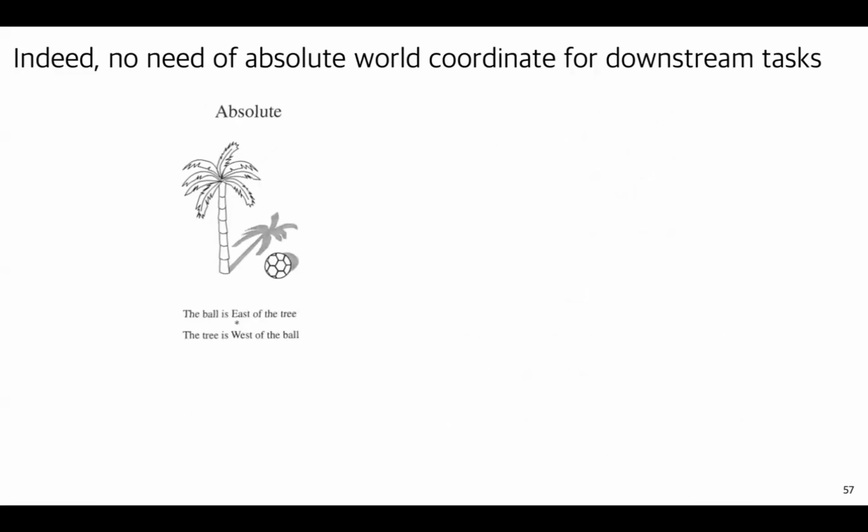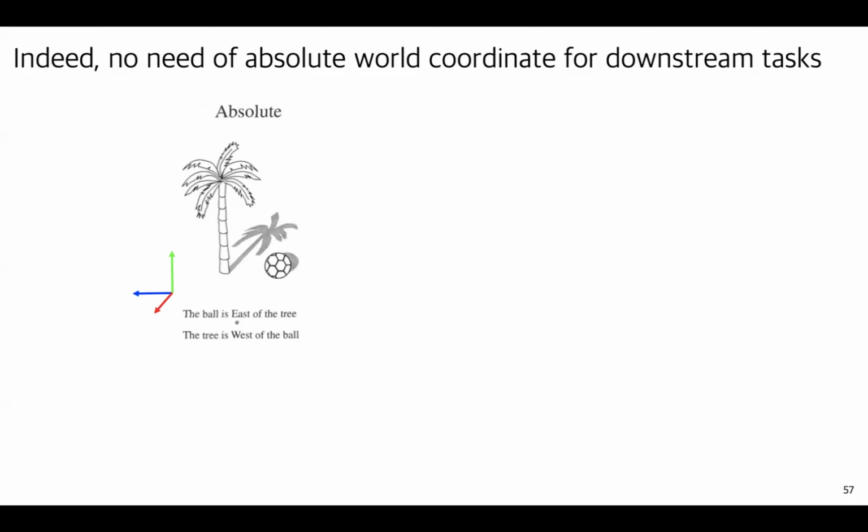One way to unify scene generation is to use, for example, one unified absolute world coordinate system. But this is not how humans perform tasks in daily life. For this absolute world coordinate system, there are also so many ways that we can define it.